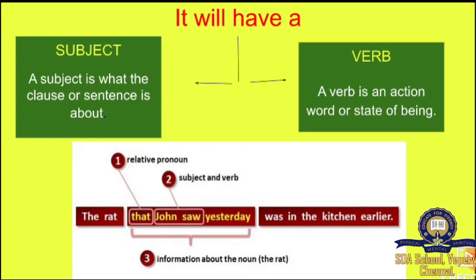And the information is about the noun, that is the rat. So that John saw yesterday is the adjective clause. So it has a subject and a verb and starts with a relative pronoun or a relative adverb. I hope you understand what is an adjective clause.